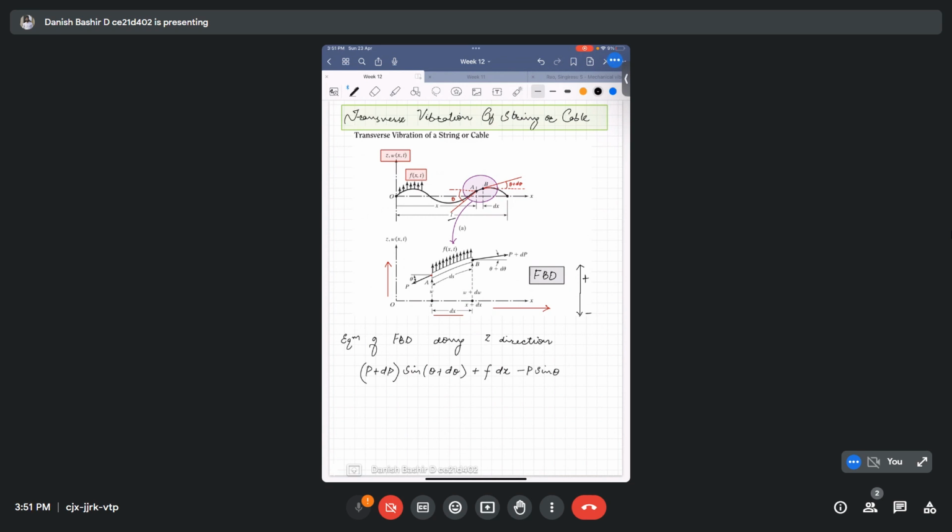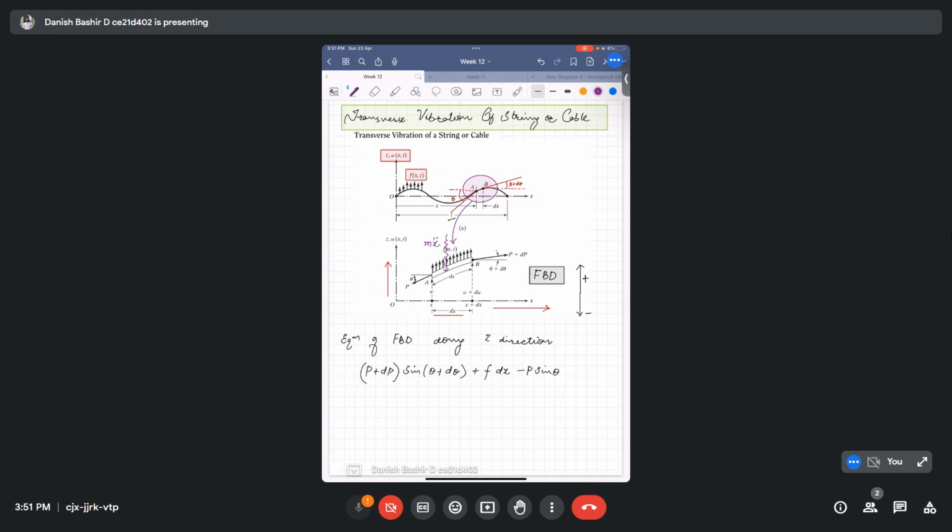One of the important things I need to mention here is that, as per D'Alembert's principle, in order to convert this system into a dynamic equilibrium system, so that we can write the equation of motion at each infinitesimal time point, we have to apply a fictitious load, which will be proportional to m, the mass of the system, times the acceleration of the system.